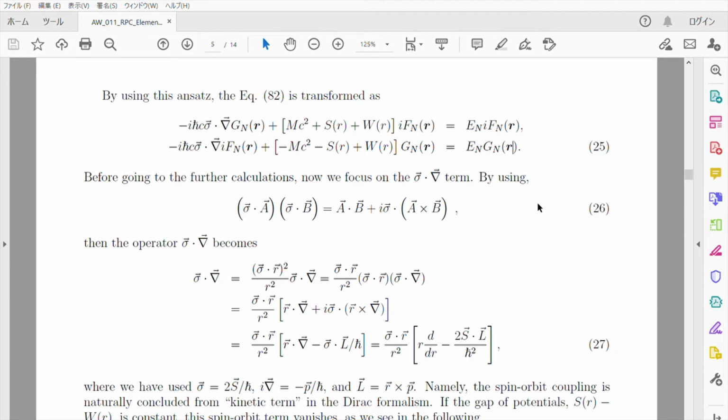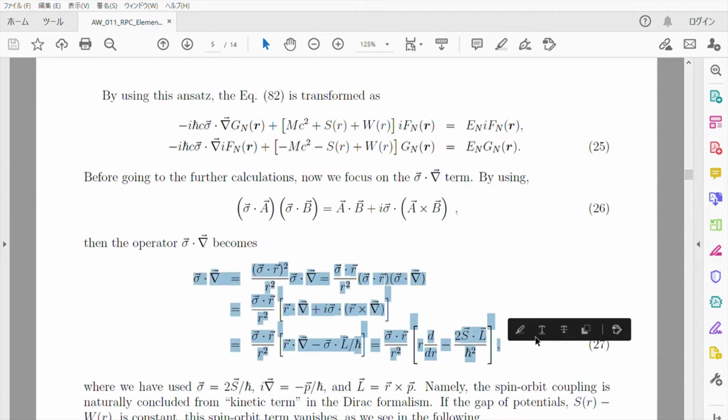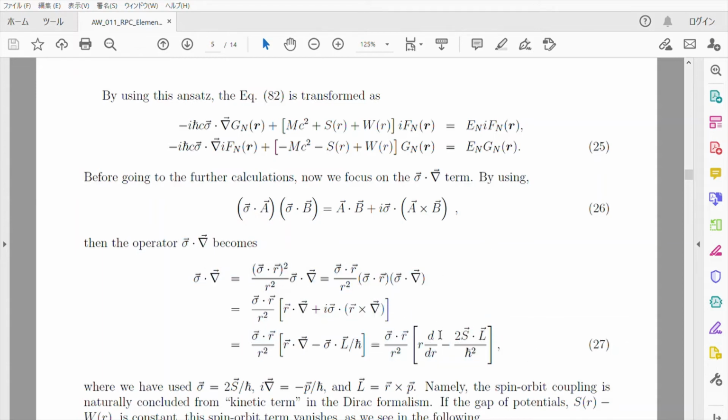Before going to further calculations, we focus on the first term, the operator sigma dot nabla. By using this identity, the sigma dot nabla operator becomes this, and finally takes this form in equation 27.